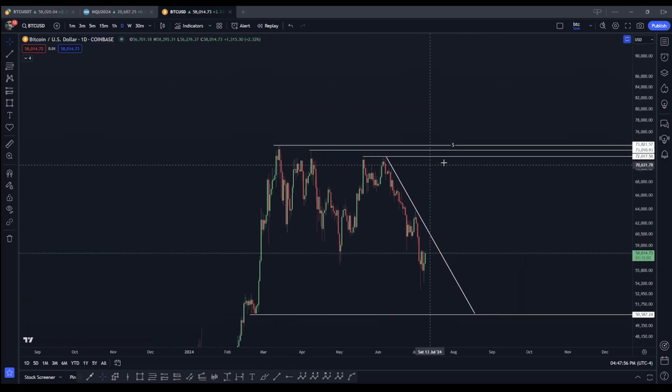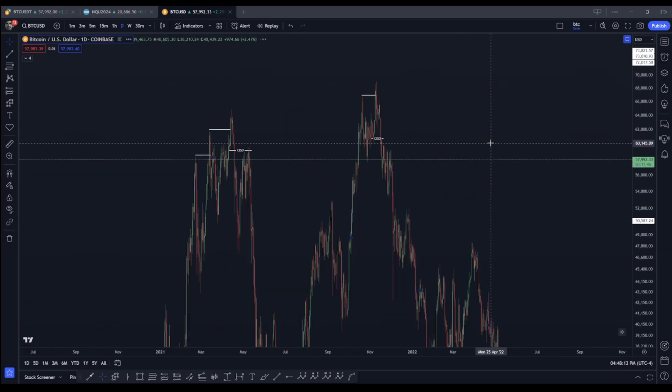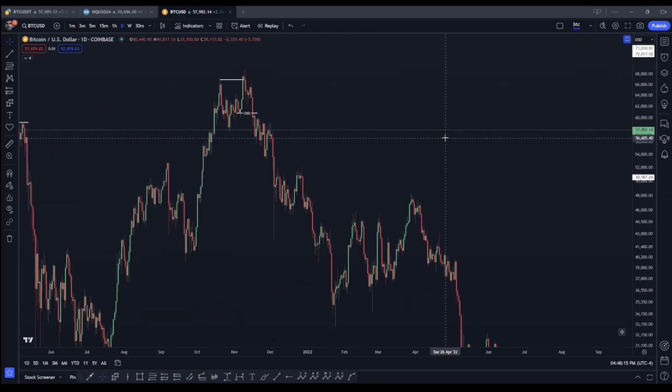I want to see this being swept, and if it's being used as an order block, so like this, then obviously we're going to go higher. If you see no displacement and you see weakness, then the crypto market's topped. But we'll talk about that when we get there.